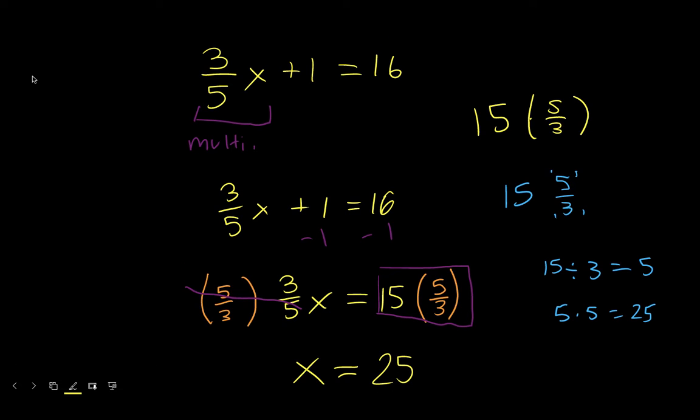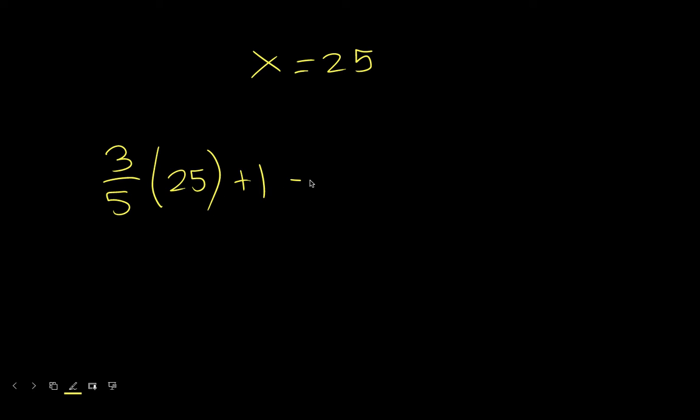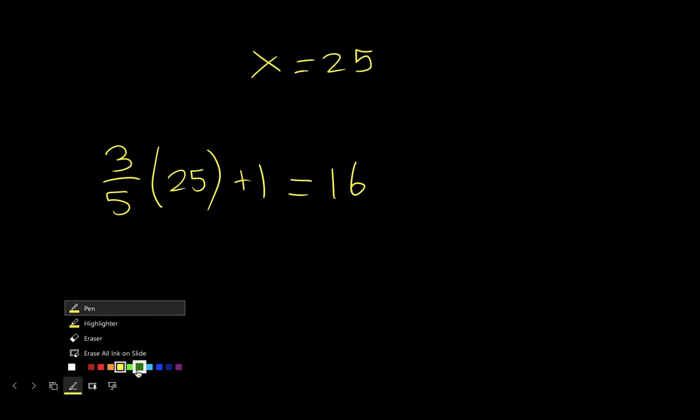We could check that. So we have x is equal to 25. 3 over 5, 25 plus 1 is equal to 16. So first thing we're going to do is do the multiplication.